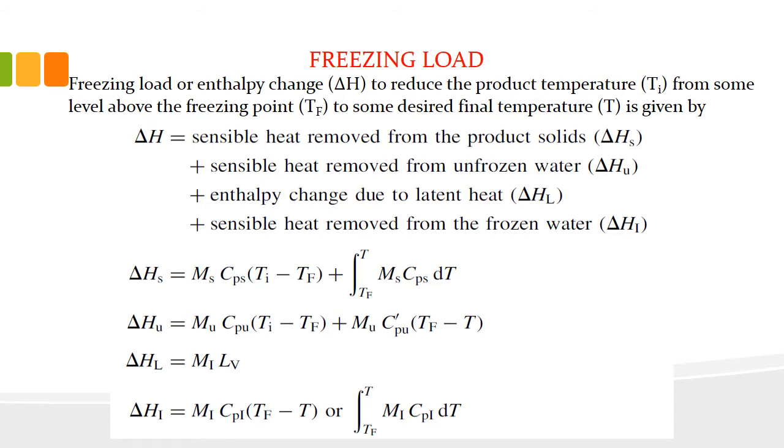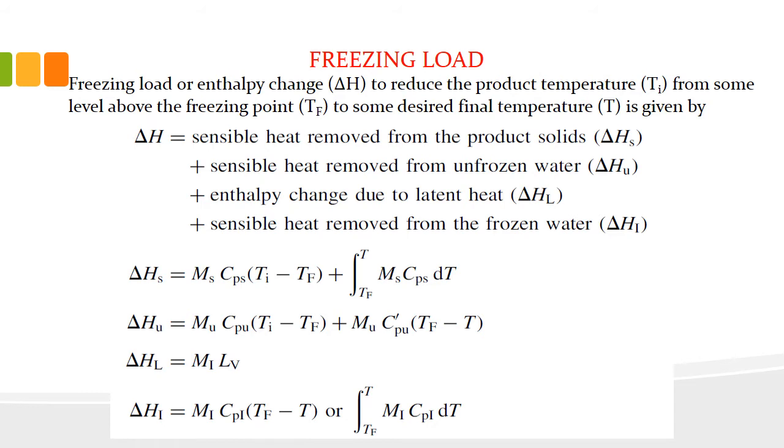So delta Hs, the sensible heat removed from the product solids, would be mass of the solids, specific heat of the solids, and initial temperature minus freezing temperature. So up to here the specific heat can be considered as same, and we know enthalpy is mass into specific heat into temperature difference, right? So mass of the solids into specific heat of the solids into temperature difference from Ti to Tf.